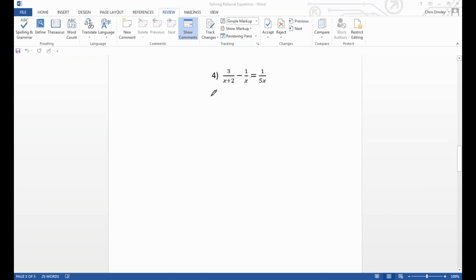Okay, so again, start off. It's not a single fraction on the left and on the right, so we're going to start off by finding the least common denominator. Here, we've got an x plus 2. We need to include that in our denominator as one of our factors.